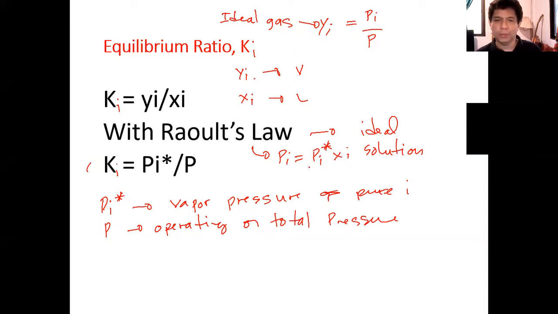So we're going to isolate x sub i. When you isolate x sub i, it will be P sub i divided by P sub i star. Right? And then we substitute y sub i and x sub i into the definition of the equilibrium ratio. When you substitute, you will have K sub i equal to, what is our y sub i? This, P sub i over P.